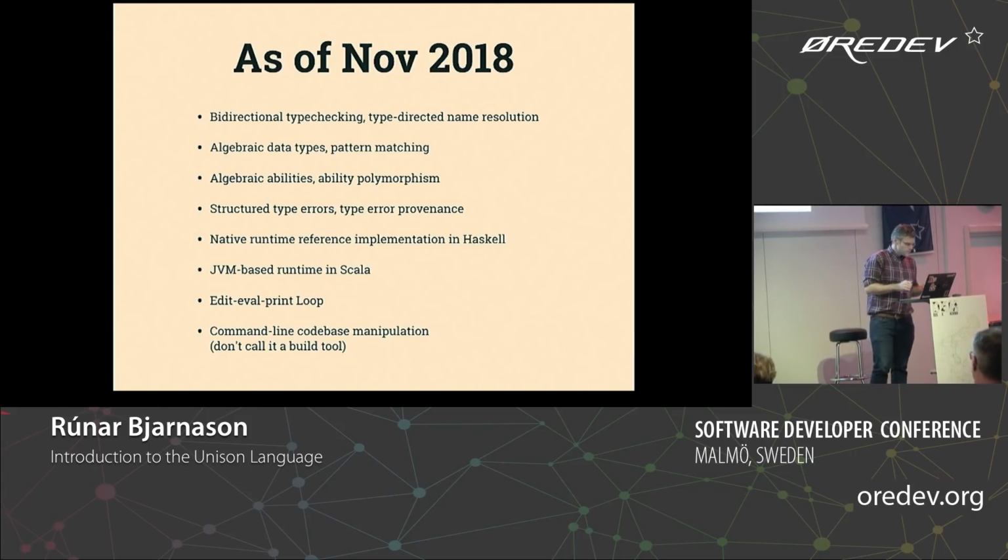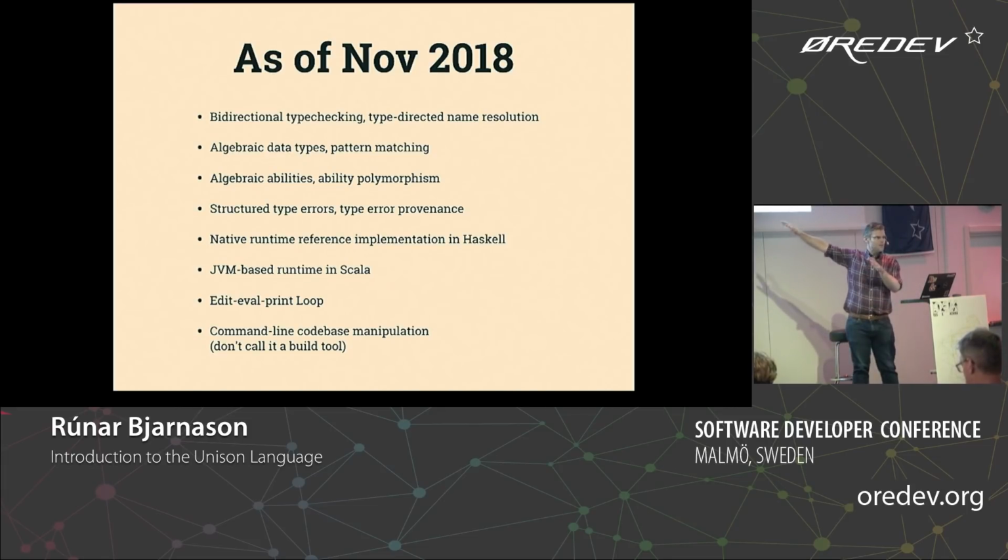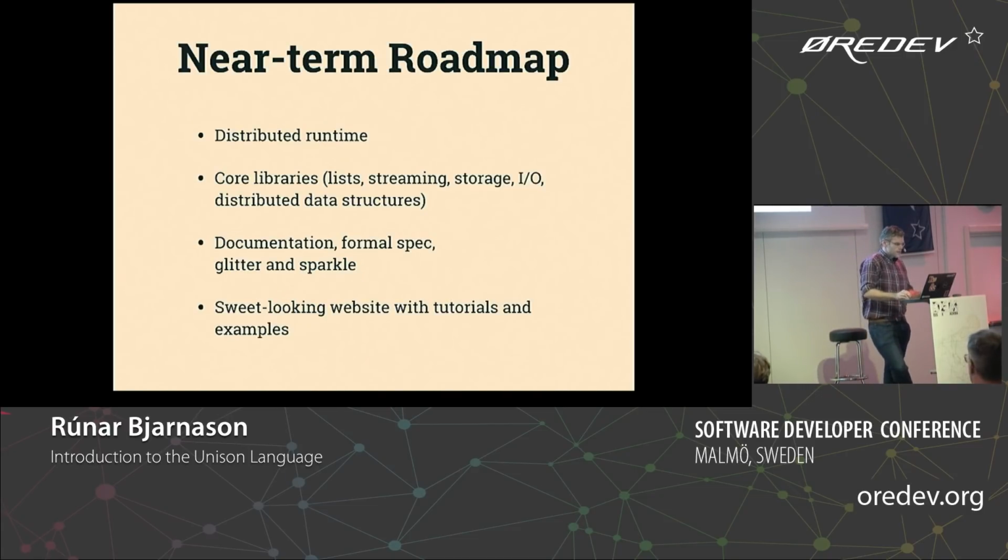It's pretty cool. And then we have this command line codebase manipulation tool. Don't call it a build tool, because we don't build anything. But it's the thing that allows you to manipulate your codebase, query it, and branch and merge and things like that.